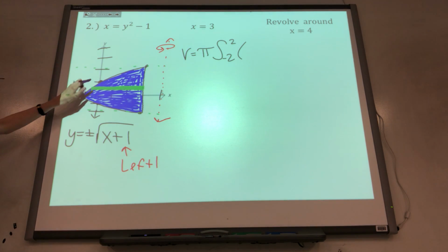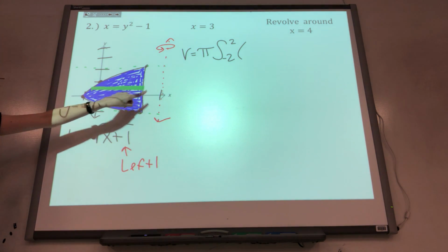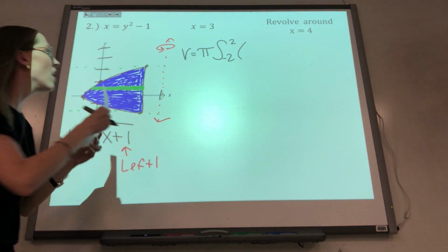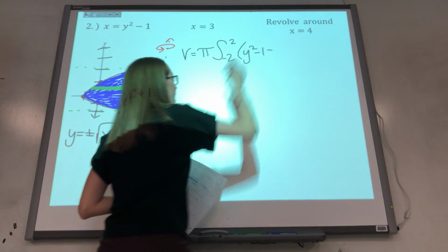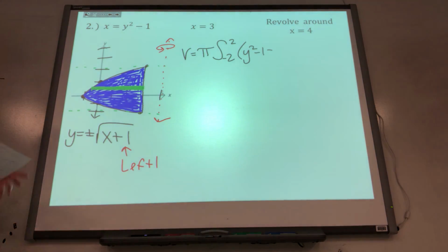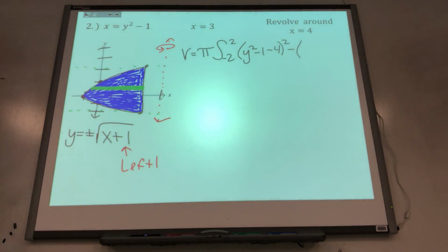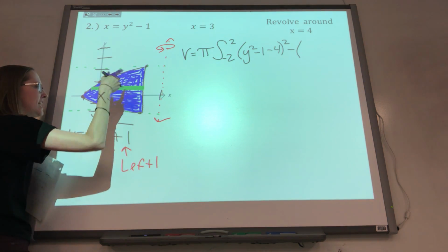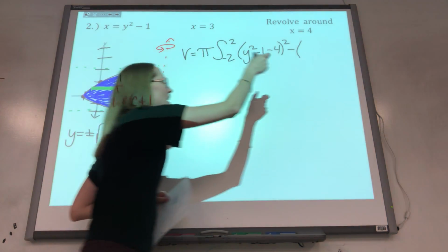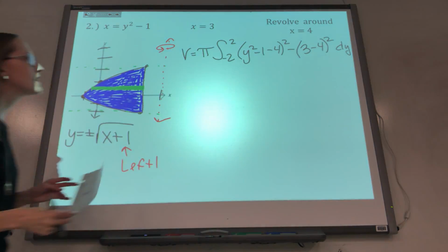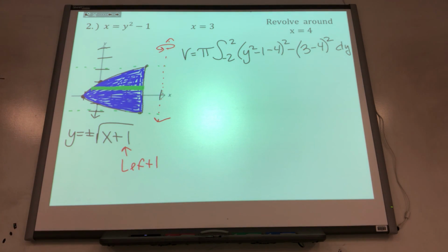The function that forms the outside of the washer, which was this function, already solved for x, so that is nice, minus the axis of revolution, which is 4. I'll have a little bit of simplifying to do with that in a second. Now, the inner radius, the function that forms the inside is x equals 3. And so I'll subtract the axis of revolution again, which is 4.